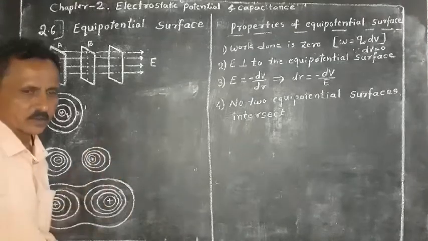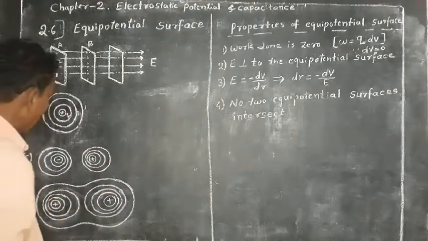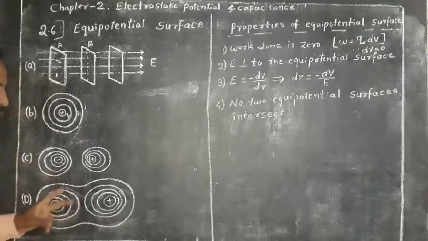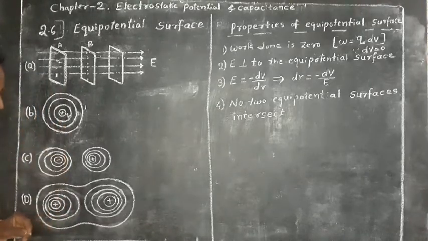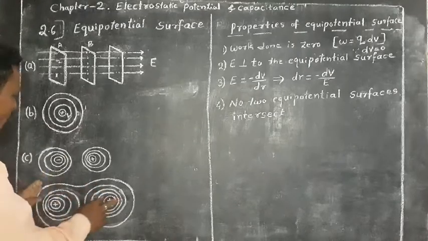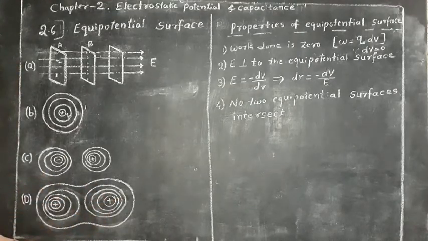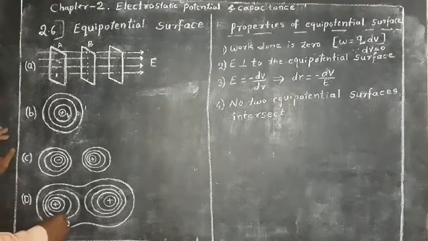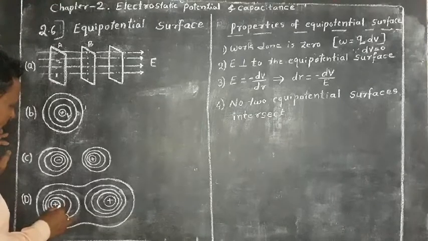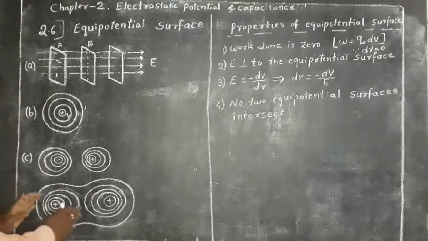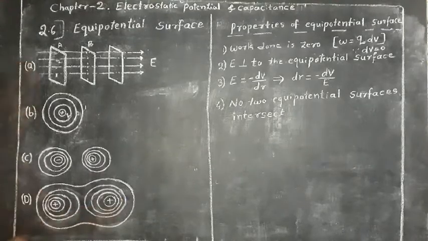surfaces decreases. And in case of two equal positive charges, due to the repulsive force between these two charges, the electric field is stronger at farther ends.